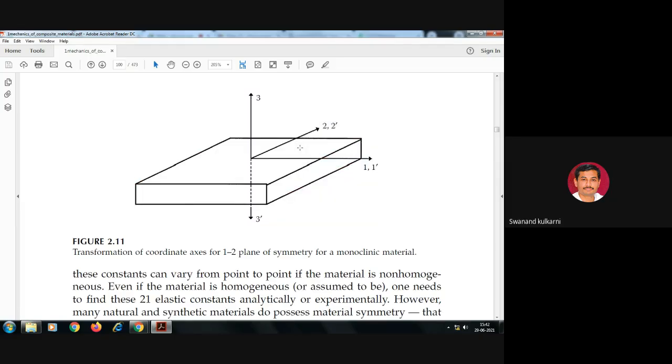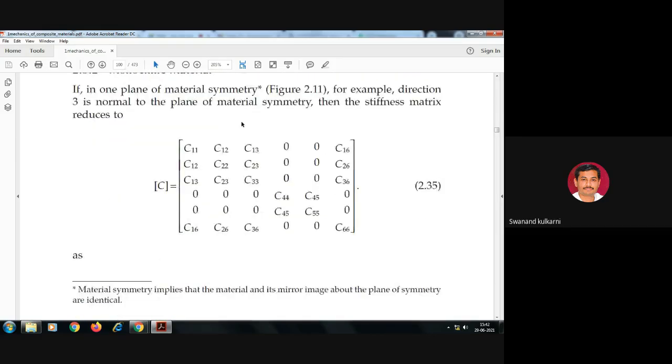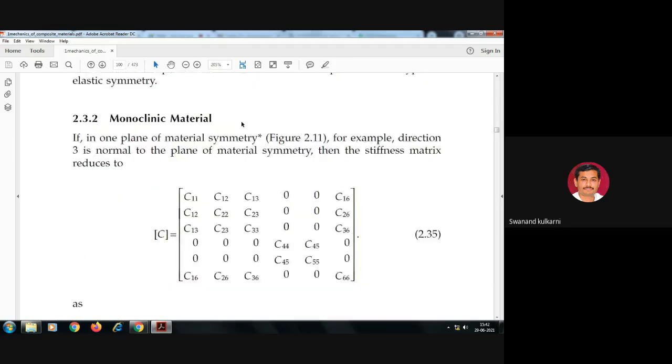But 3 to 3 dash is considered to be the plane of symmetry here. In one plane of material symmetry, direction 3 is normal to the plane of symmetry, then the stiffness matrix.